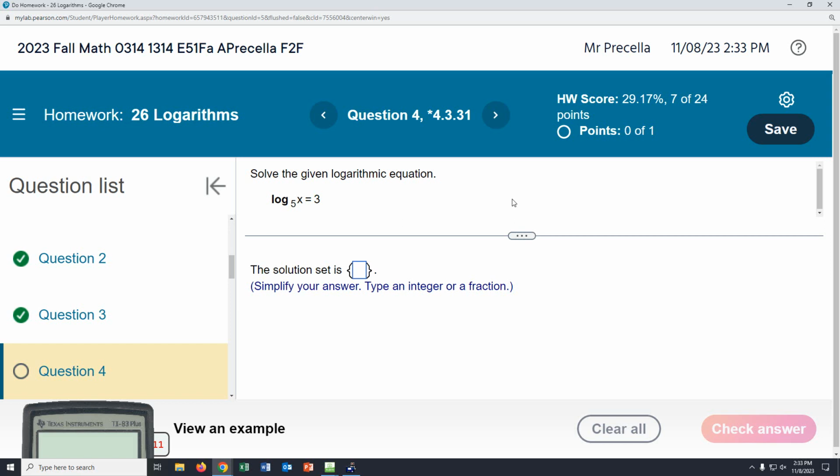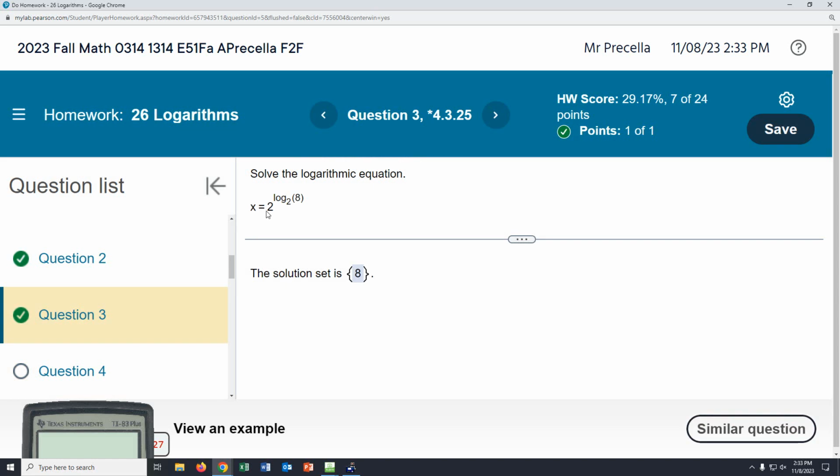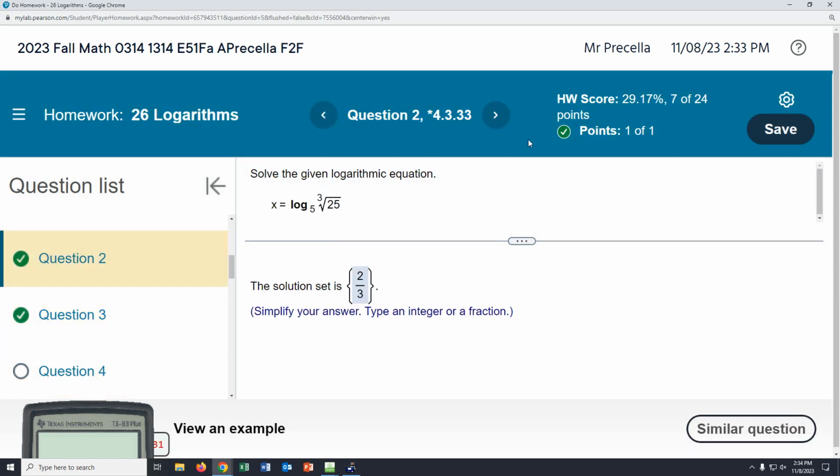Looking at number 4, how is number 4 different from the first 3? Well, in the first 3 problems we've done, the x was already by itself.